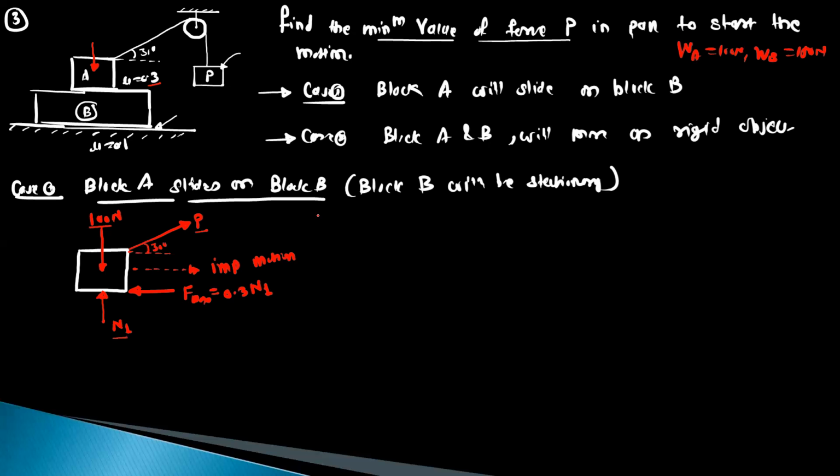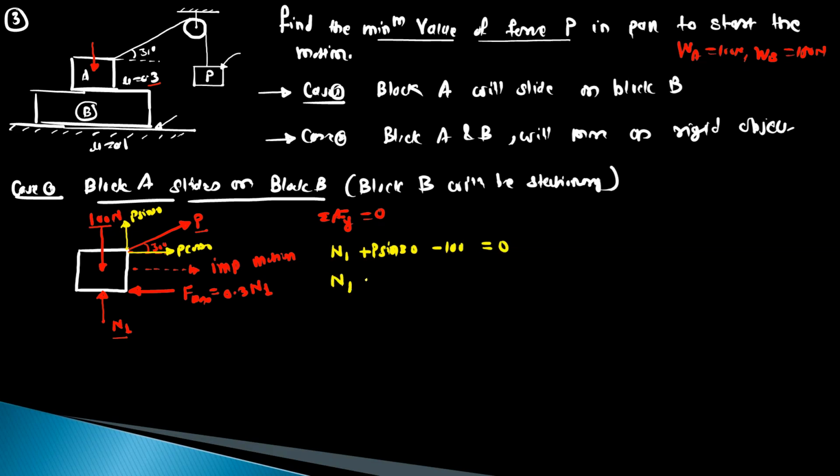Now write the equation. Summation Fy equal to 0. For that, we have to resolve the force P along X and Y direction. So this is P cos 30, and this is P sin 30. So for summation Fy, we have N1 on the positive Y side plus P sin 30 minus 100 Newton, this is 0.